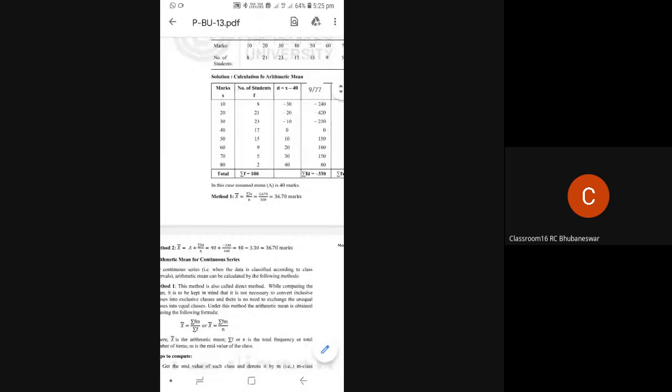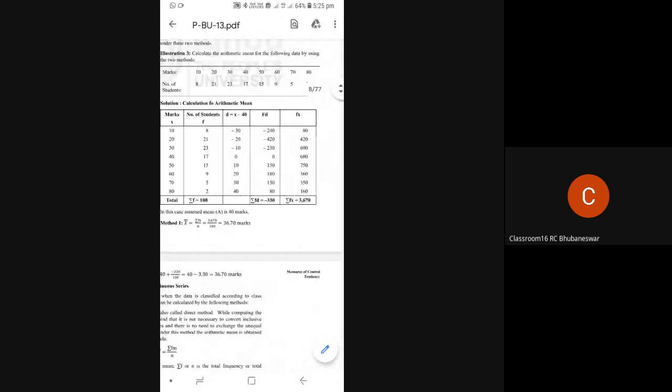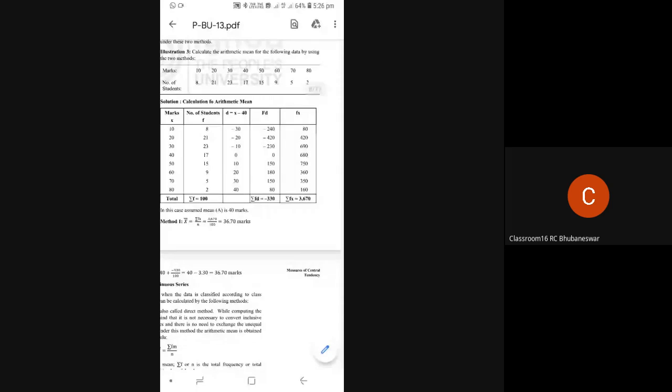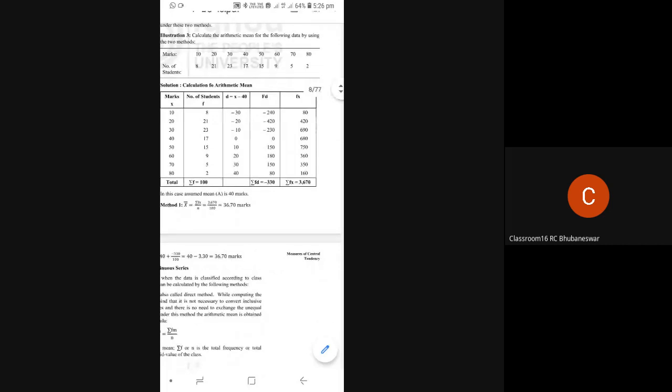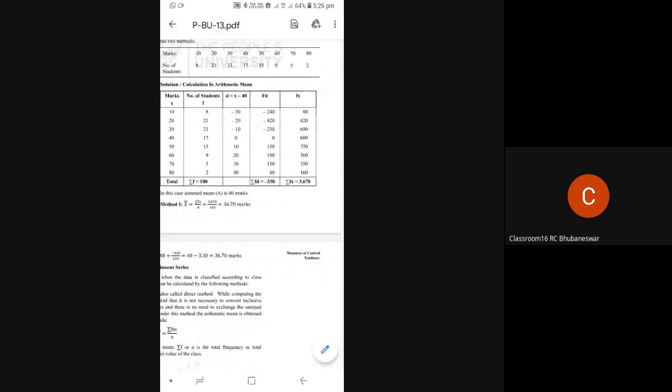After finding the deviations, in the second column you see, it is given 8 into minus 30, 21 into minus 20, 23 into minus 10, 17 into 0, 15 into 10, 9 into 20, 5 into 30, 2 into 40. Okay, in this way, and again I am telling you, add all the negative results separately and all the positive results separately, then simplify it.